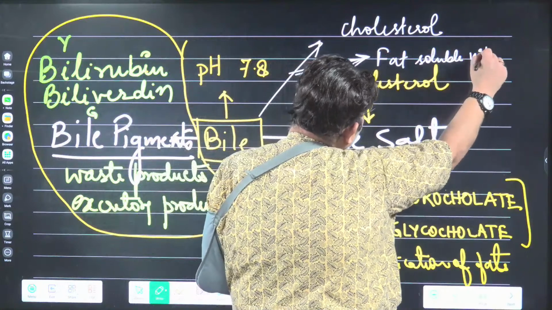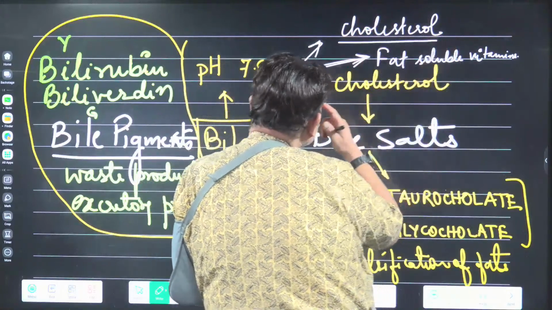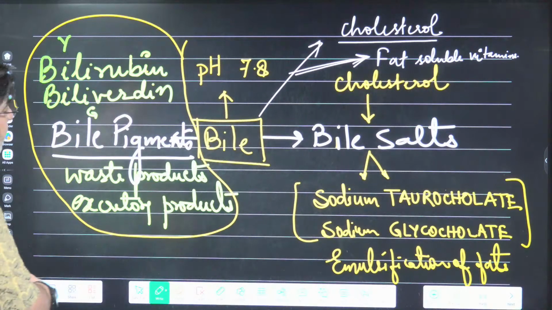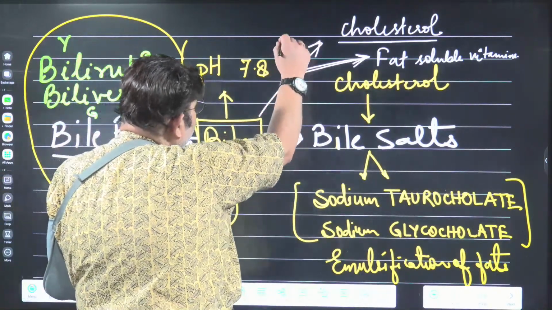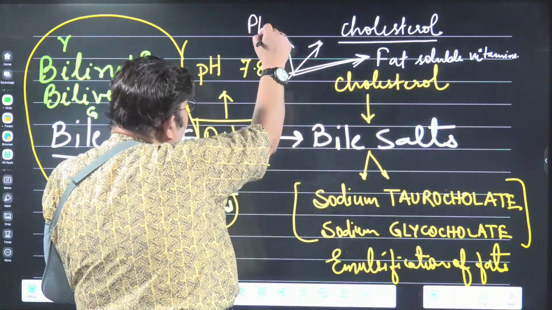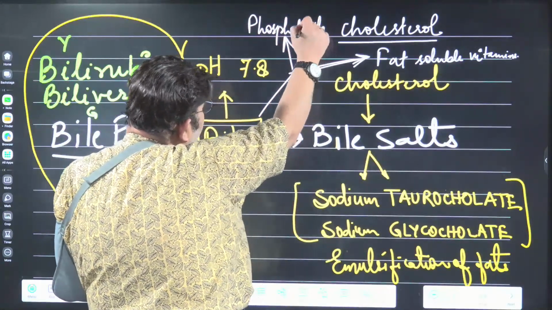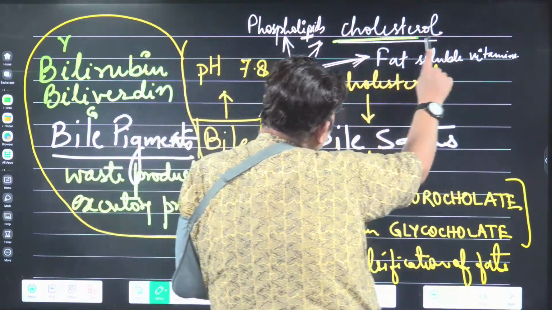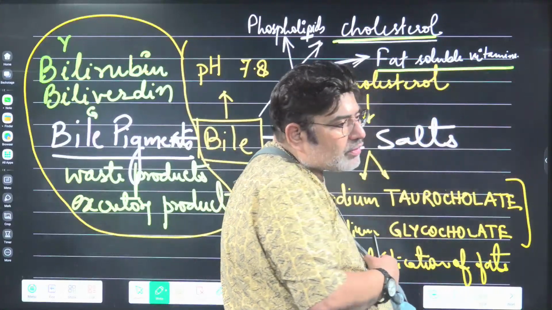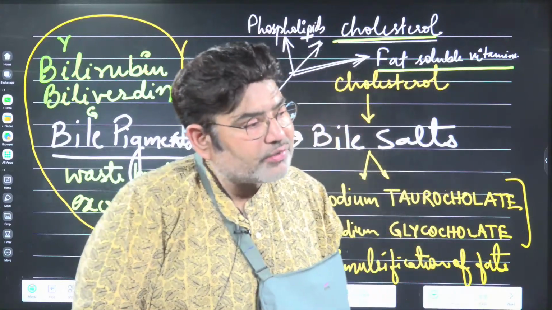Degraded sterols can be found. Some phospholipids can also be found. Open the textbook and confirm as per the textbook what they have given. Some degraded sterol hormones can be found. If our textbook has not mentioned the fat-soluble vitamins, we can ignore them. Okay, bachcho?